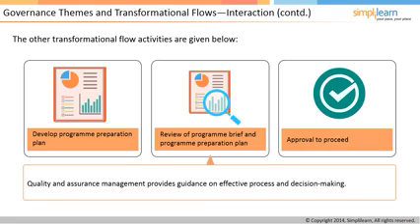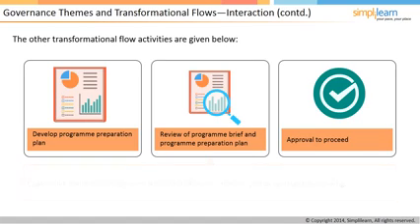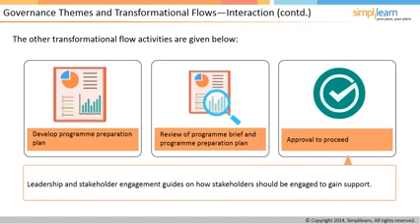Review of program brief and program preparation plan takes input from quality and assurance management on effective process and decision-making. We will cover program brief and program preparation plan in detail in Lesson 14, that is, Identifying a Program.